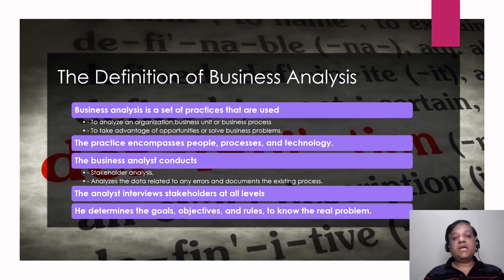The information technology perspective focuses on changes of information technology. The scope varies from enhancements to the implementation of large systems. So the business analyst is also a link between the business and the information technology.